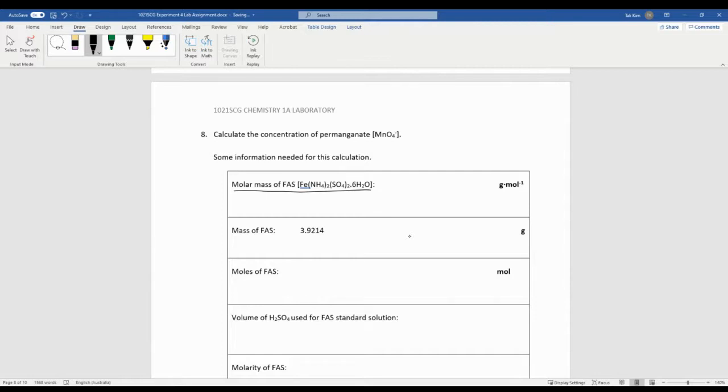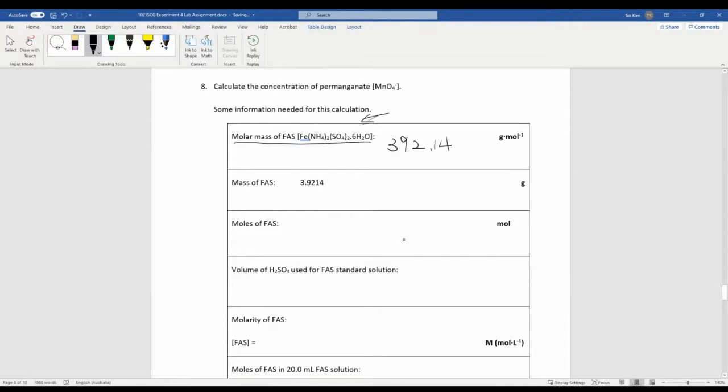Once you finish calculating, please check your answer against any reference on the web, and you should even be able to use a molar weight calculator or something similar. Anyway, once you do it, the molar mass will be 392.14. The number here is just made up to make our calculation easy.